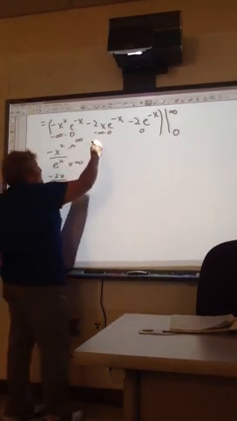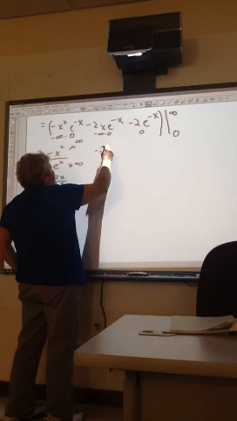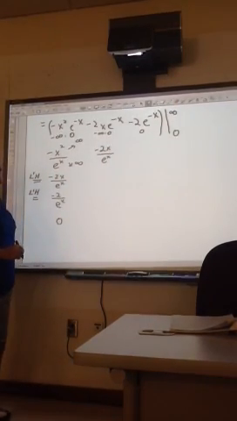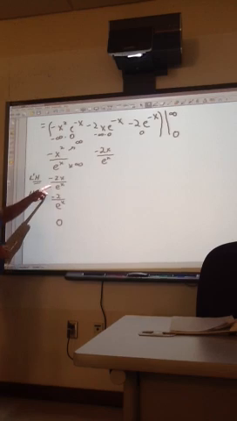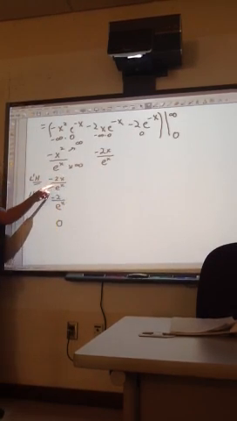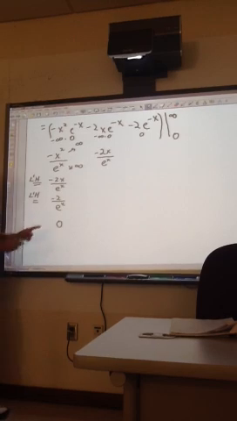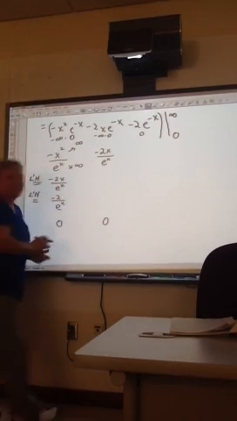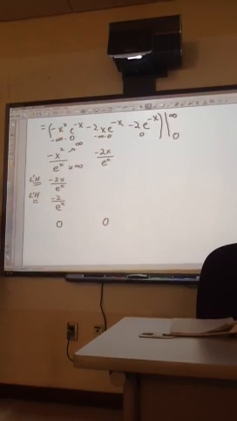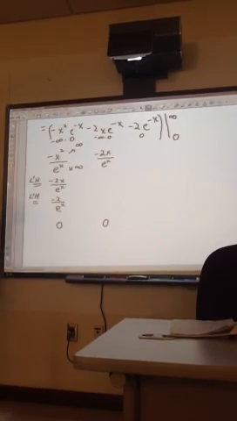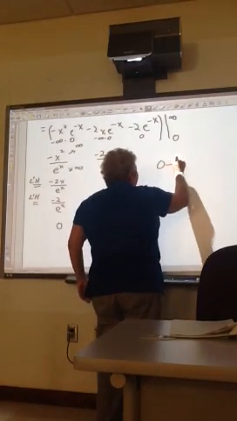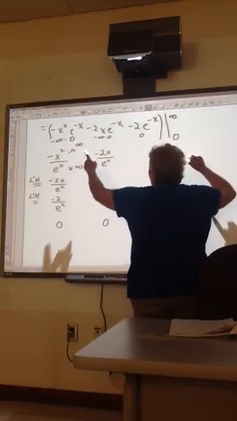So we would do negative 2x over e to the x. That is telling me that this 2 is going to be a 0, and that piece already was a 0. Great, so we did the infinity. So right now we have 0 minus, now we have to plug in 0.